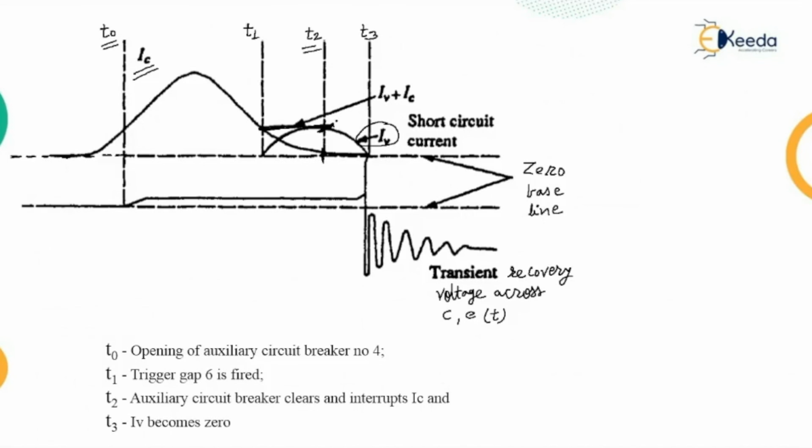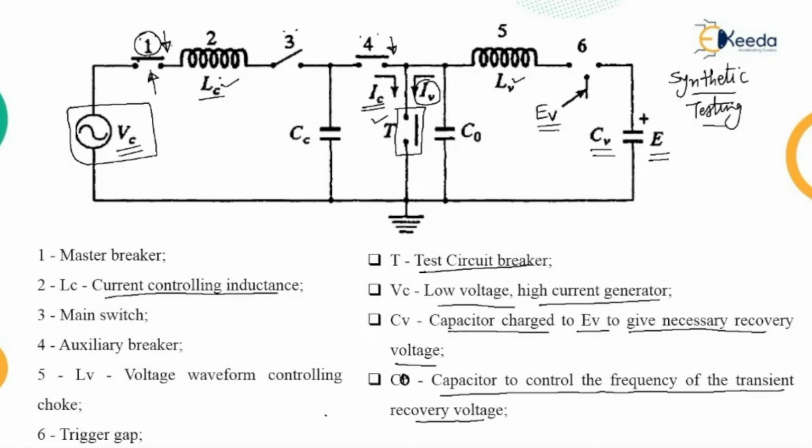As this point 1 is opened, due to the spark gap, that is the trigger gap, closing, the high frequency current passes through this test circuit breaker. At the zero of this current IV, full test voltage will be available, so only voltage is available.